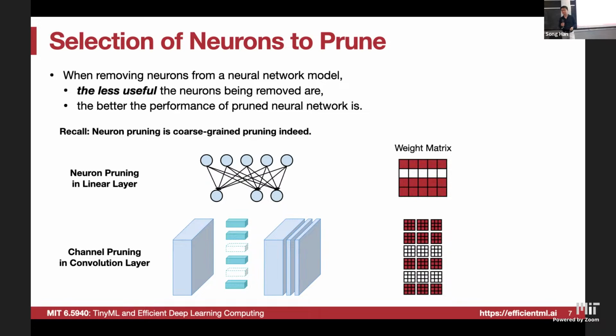And I think they translate differently to accelerations in different hardware. Yep, very good. If you remove the neuron, all the weights connected to this neuron will be removed. Basically, in the weight matrix, you remove the entire row. Versus for convolution, you can remove one of the channels, the filter, so you are removing this row and this row of the entire kernels.